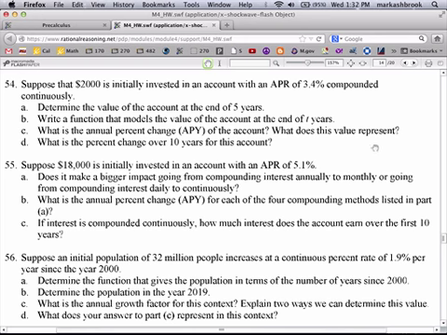So I'm going to start with B. We'll just write that function. So our continuous growth form is A e to the rt. So A is our initial amount.